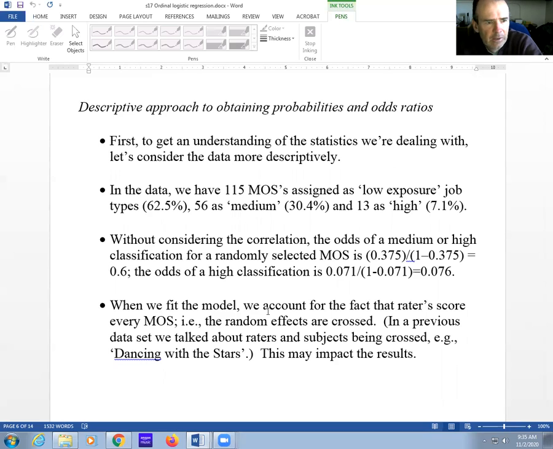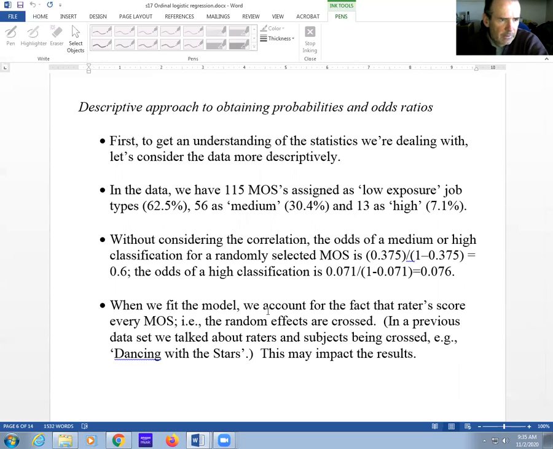And then not only does that give you an understanding of your data, but it will also be something to compare against when you fit these complex models. You want to be able to see that your results make sense. And we'll talk more in a second about why you even fit the complex models if you can do it descriptively. There's many reasons. So we'll talk about that here in a second.